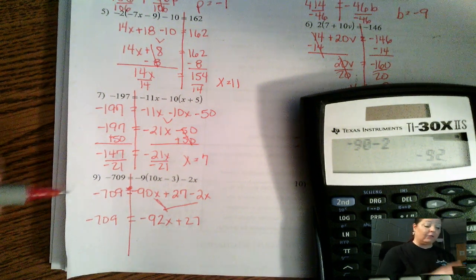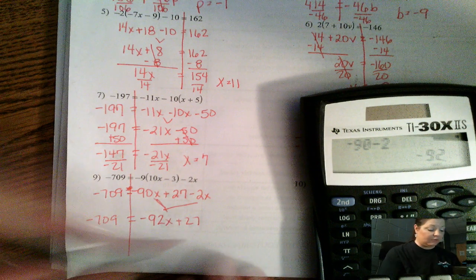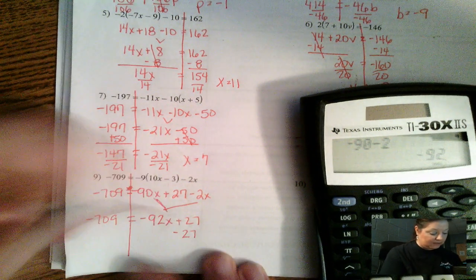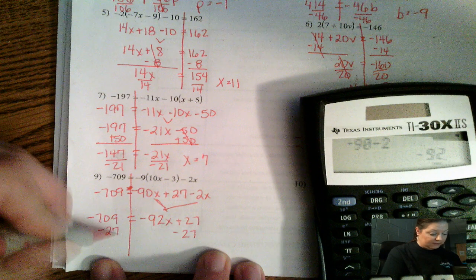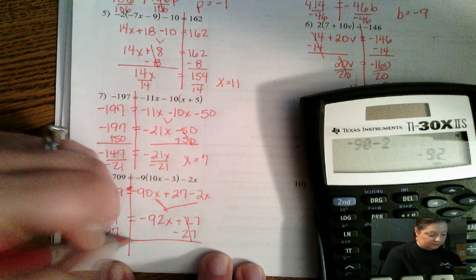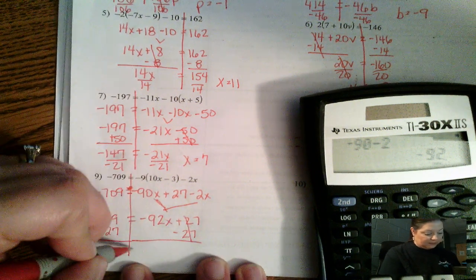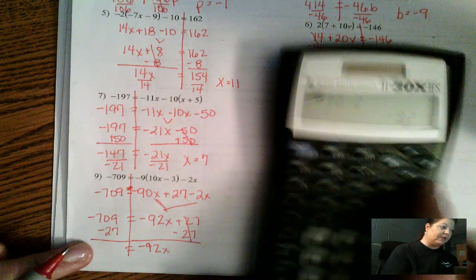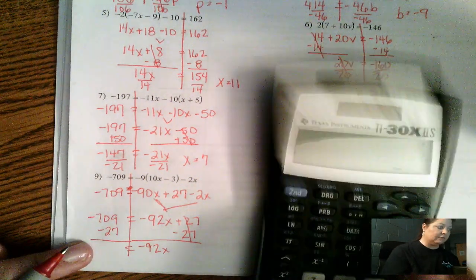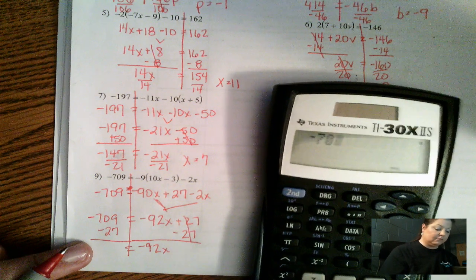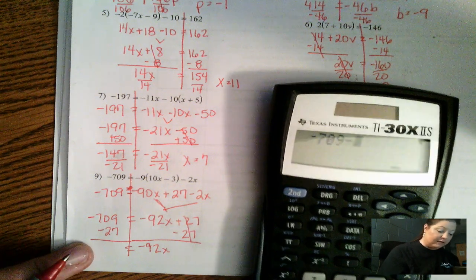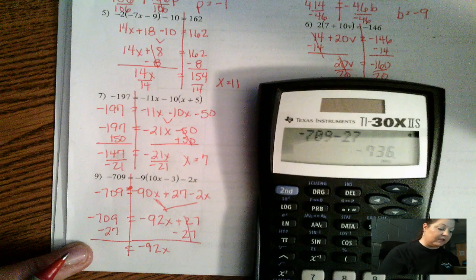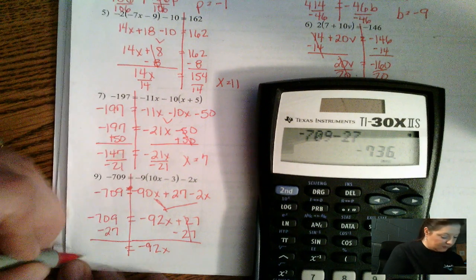We're going to subtract 27 on both sides. So take away 27. Now bring down your negative 92x, and now negative 709 minus 27 should get you negative 736.